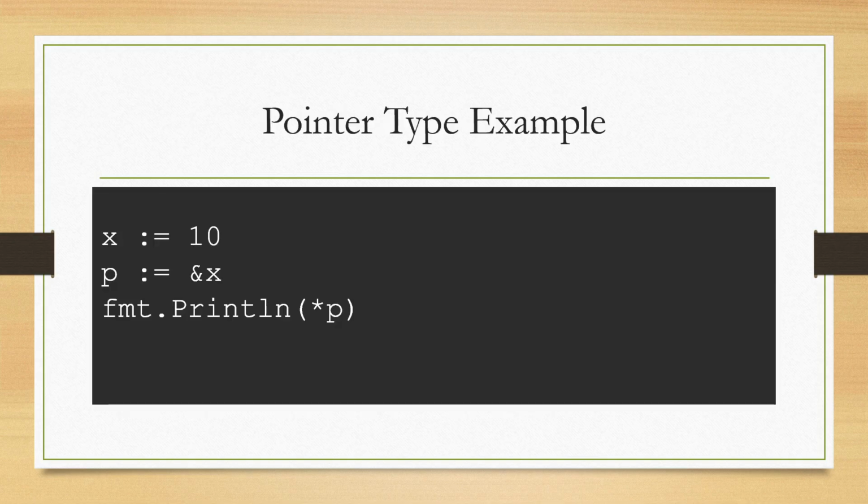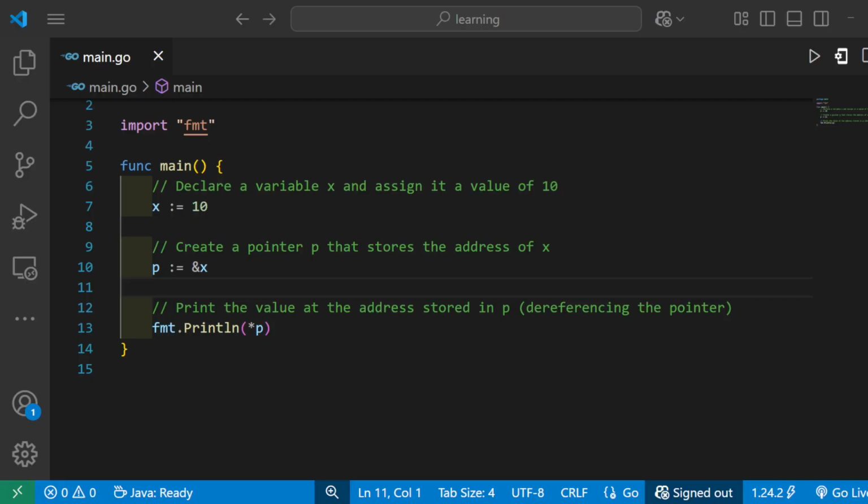So let's take an example of a pointer type in Golang. Let's switch into VS Code. This code demonstrates the usage of pointers in Go. Here we have declared x and initialized it with the value 10. The pointer p is assigned the address of x using the & operator. The & operator gives the memory address where x is stored, and we are actually dereferencing the pointer.